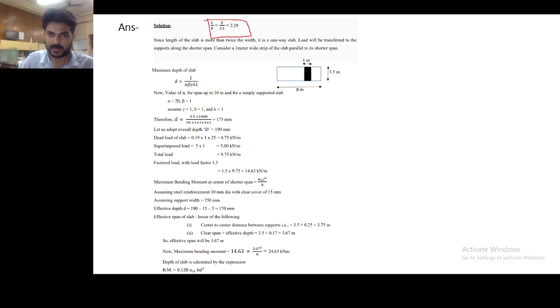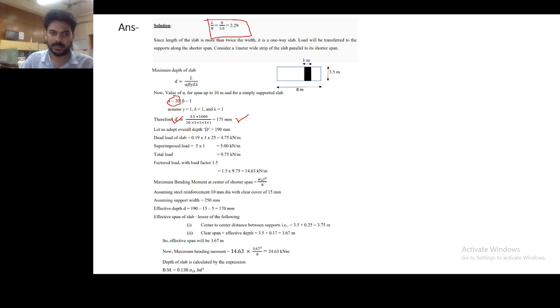So it is obviously a one-way slab, so we will consider a 1 meter strip for the design. Then we calculate the D by considering some value of L by D. By considering L by D as 12, we can calculate the depth of the slab to be 175.